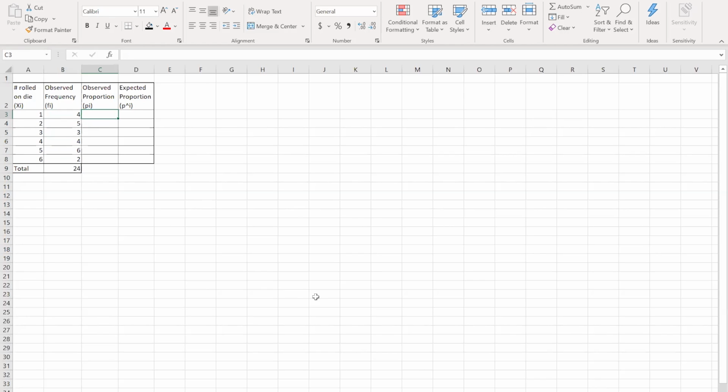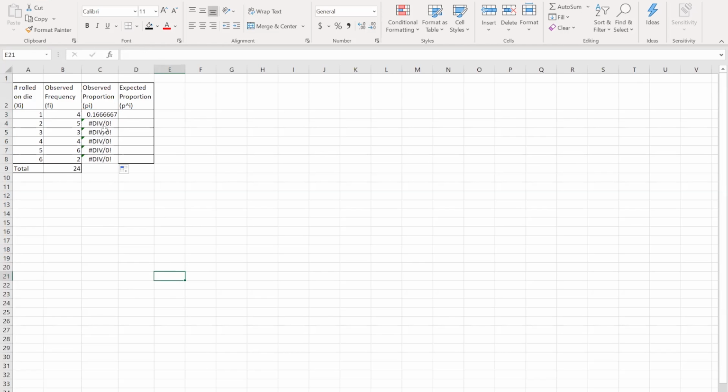The observed proportion, P sub I, is equal to the observed frequency divided by the total number of times we threw a die. So we observed a 1 4 out of 24 times. We can just grab that bottom corner and drag down to calculate the rest.